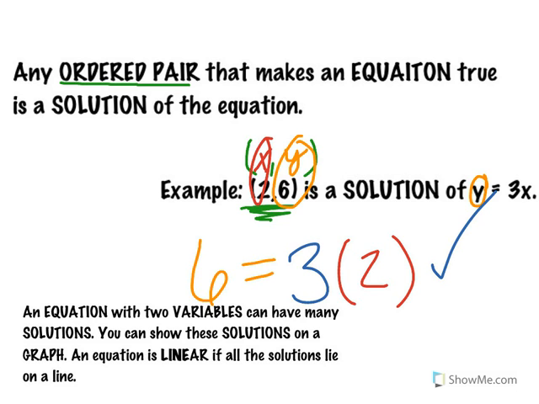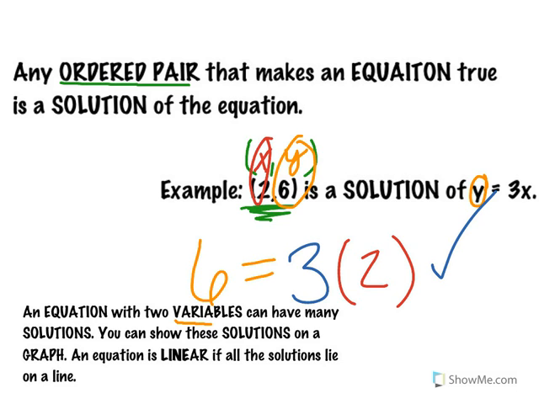That is a solution for that equation. Something you need to take note of is an equation with 2 variables can have many solutions. You can show these solutions on a graph, and an equation is linear if all the solutions lie on a line. So just a review of some things we've already discussed this year.